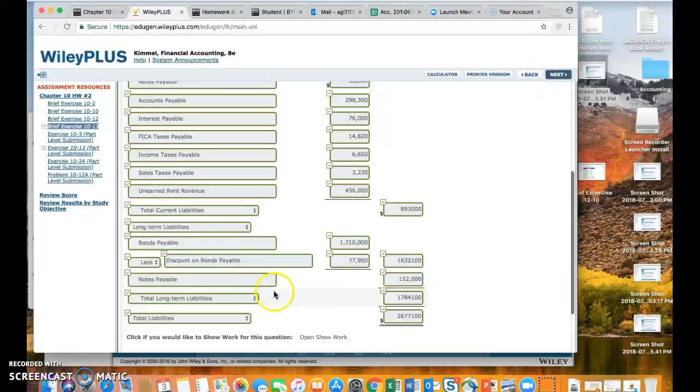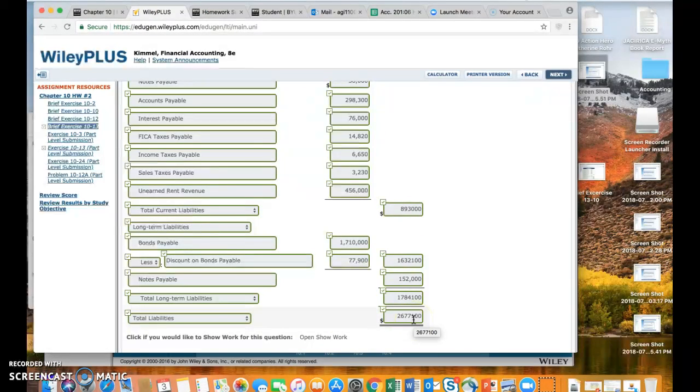Then I continue with my notes payable, and these are long-term liabilities. So then I have my total long-term liabilities of 1,784,100. Then I sum this up with the current liabilities, and that gives me the overall total liabilities.